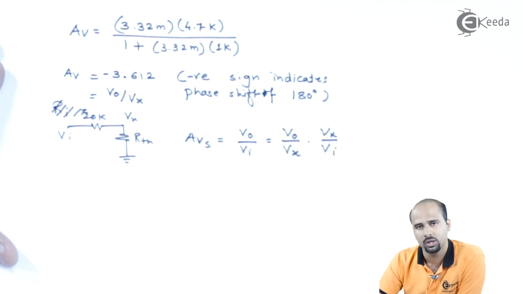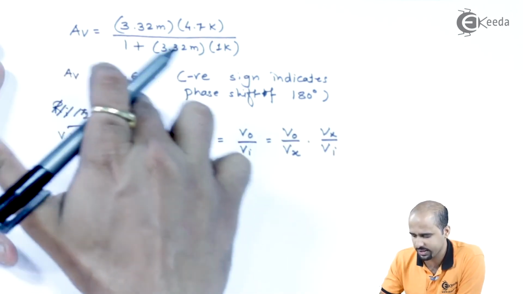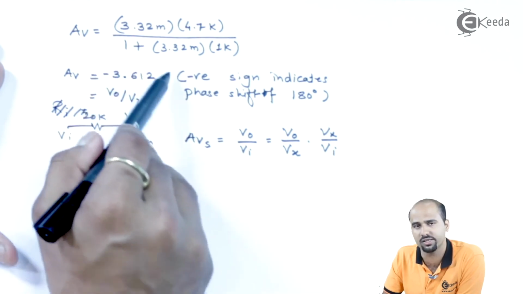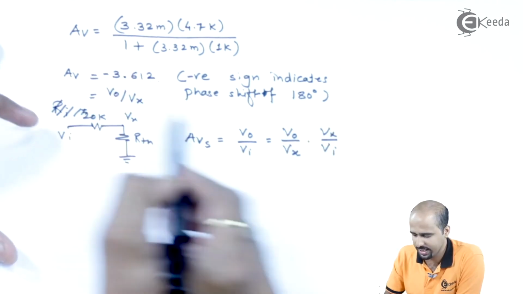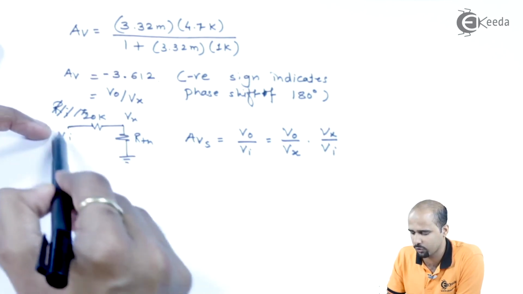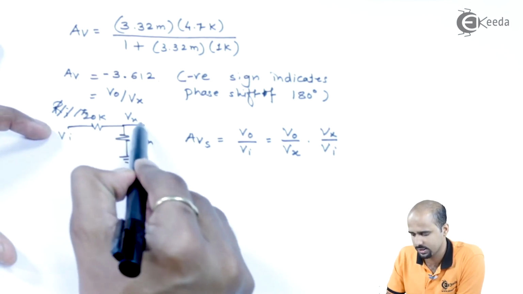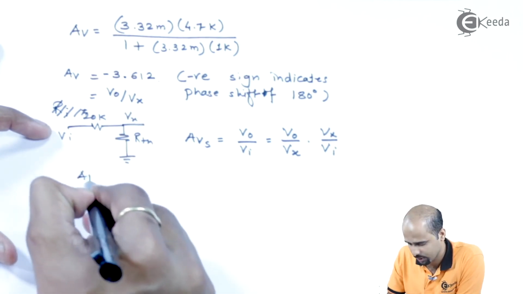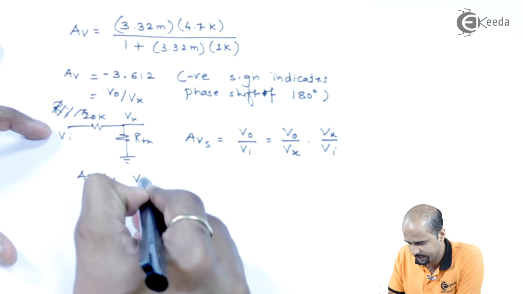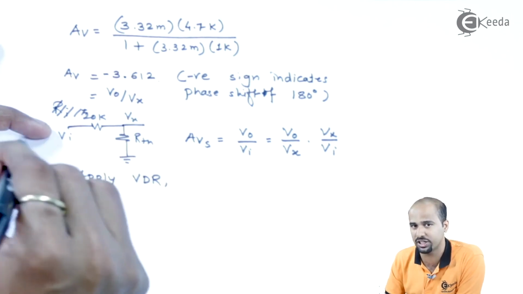Now, as far as VO divided by Vx is concerned, we have got the value minus 3.612. What about Vx divided by Vi? Shall I get the value of Vx divided by Vi from this particular network? Yes, we'll get this by voltage divider rule, VDR.